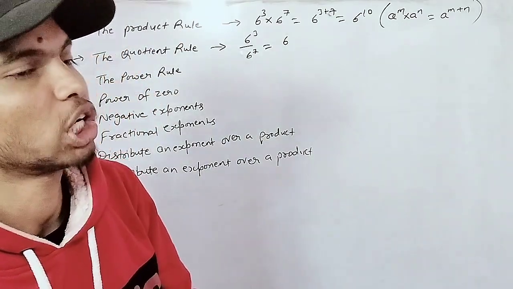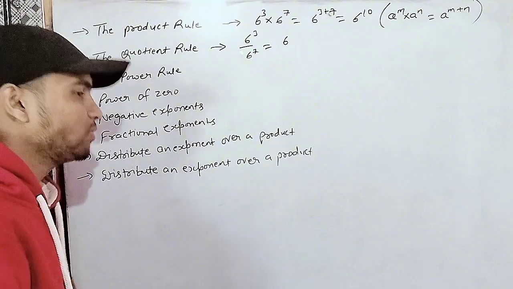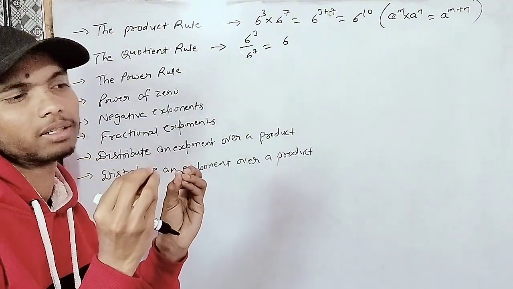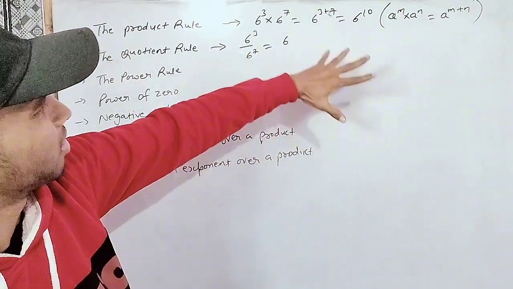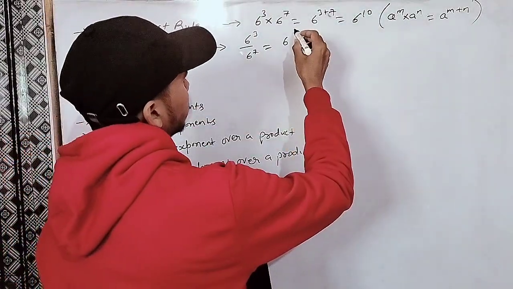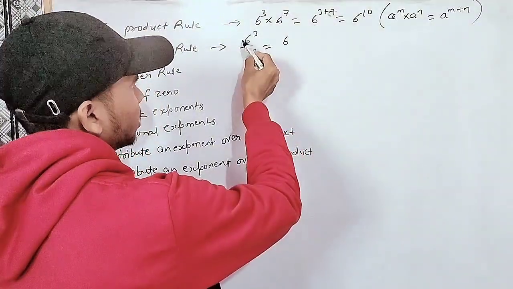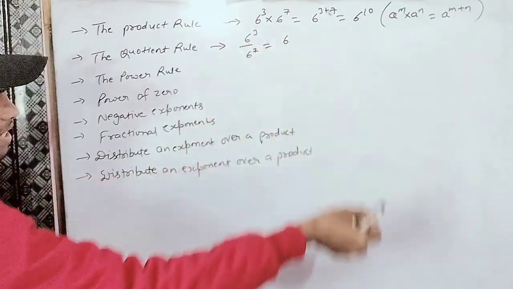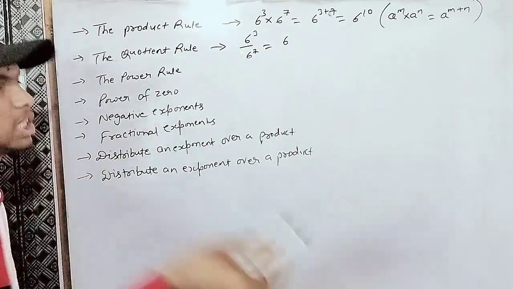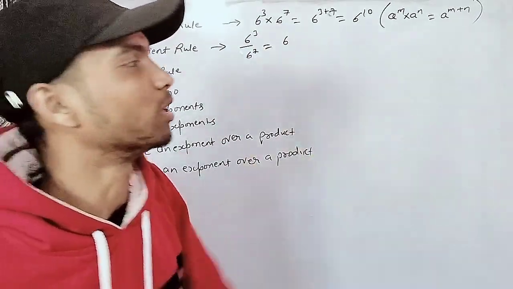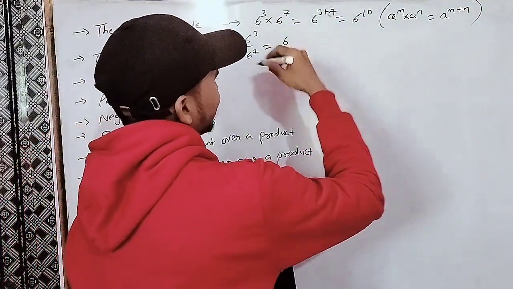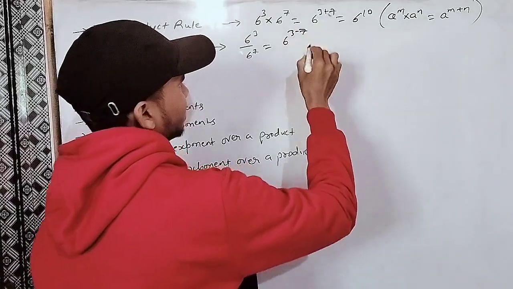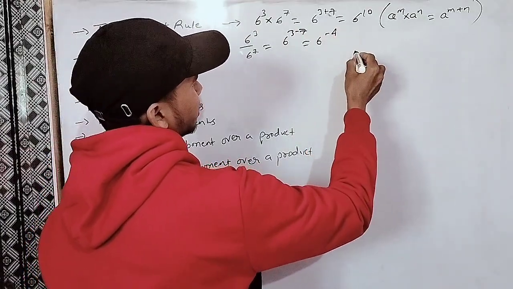And as we know, whenever we see division, we see subtraction. Clear? Whereas we know that 1 upon 6 raised to the power 7 is 6 raised to the power minus 7, so here we are changing denominator into numerator. Yeah. Now we have this.